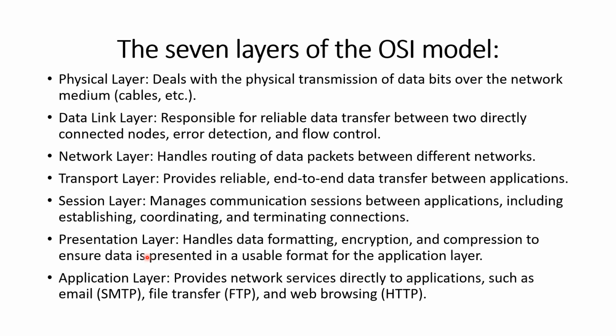It also ensures that data is presented in a usable format for the application layer. The application layer provides network services directly to applications such as email. For email, we use the SMTP protocol. For file transfer, we use the FTP protocol. And for web browsing, we use the HTTP protocol.